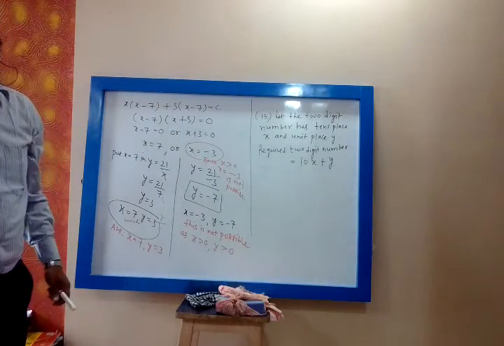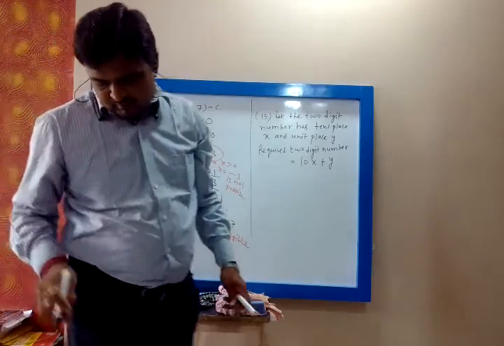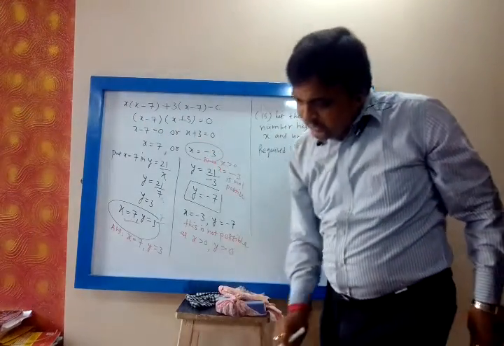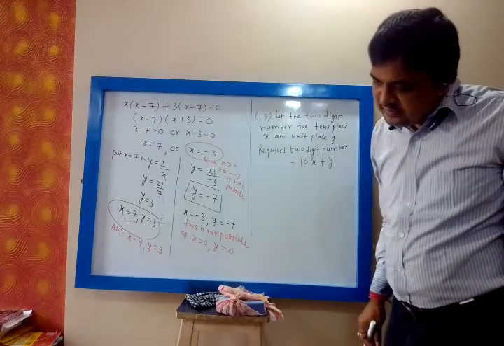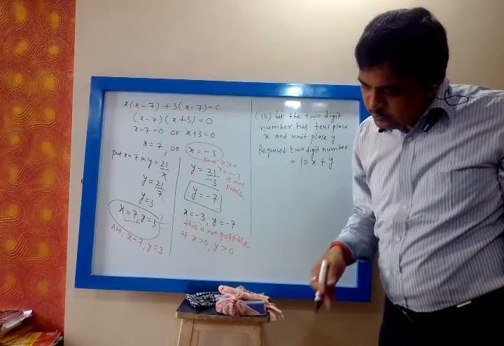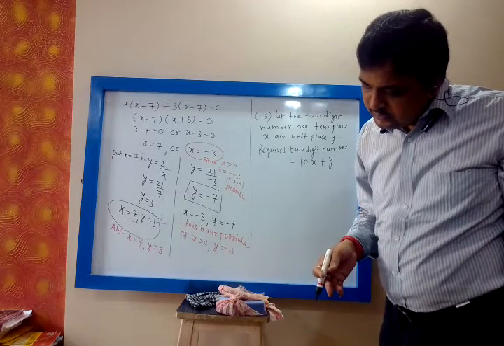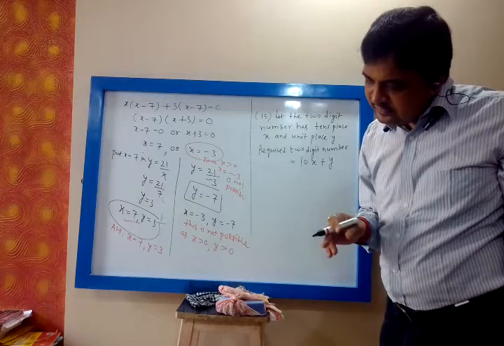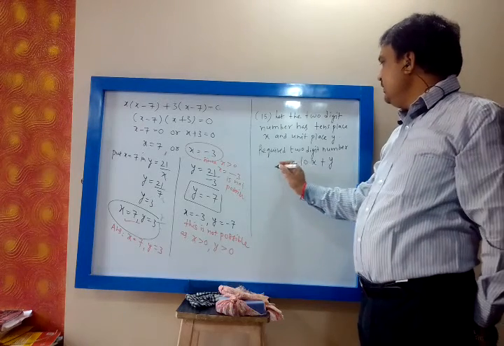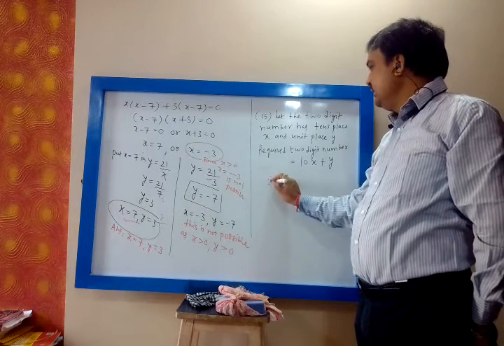Now what is given in the question? A 2-digit number is such that the tens digit exceeds twice the unit digit by 2. Tens digit exceeds. What is tens digit? x.